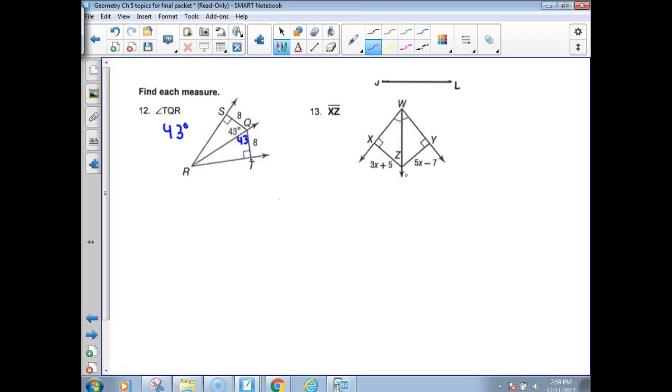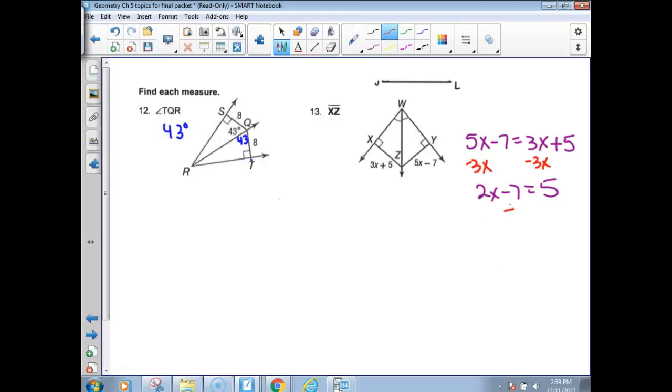This next one, number 13, these two segments are equidistant from the angle bisector, so they're the same length. So 5x minus 7 equals 3x plus 5. That's the setup. To solve it, you're used to doing this. Subtract 3x. 2x minus 7 is 5.